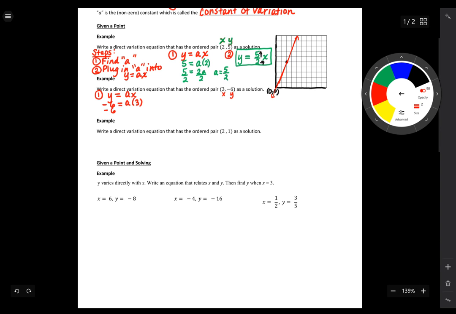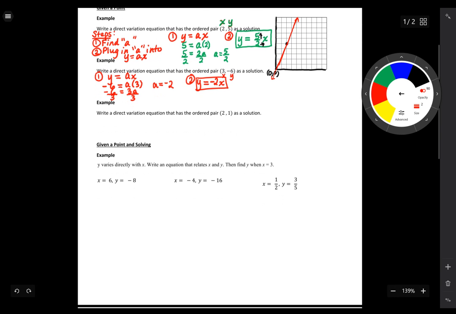So -6 equals 3 times a, divide by 3. Don't divide by -6, divide by 3. And so a equals -2. Okay, in step 2, replace that a into your equation. Y equals -2x. And that's our final answer. We're not going to graph that one.